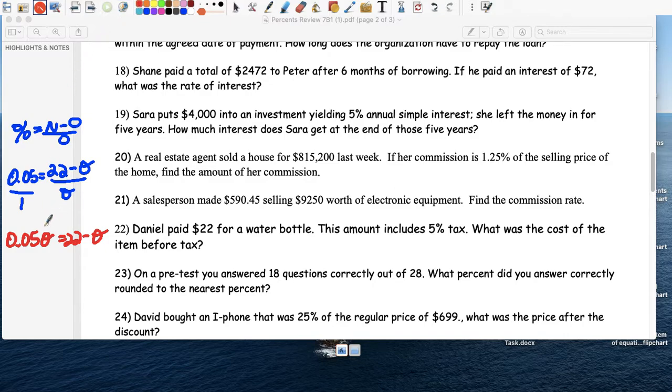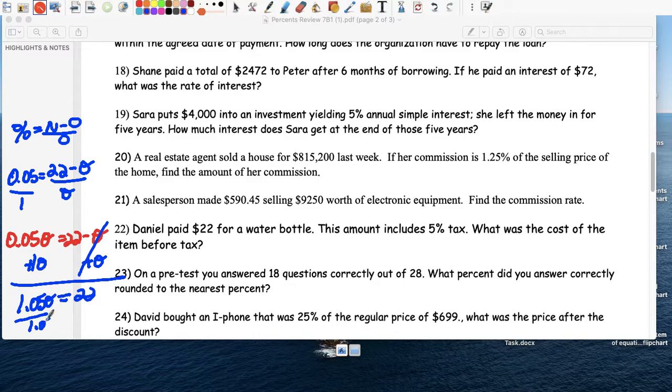Here's an equation with variables on both sides. Let's get rid of one of them. Let's get rid of the minus O here. I'm going to add O on this side too. Minus O and plus O goes away. I'm left with 22. Don't forget there's a coefficient of 1 here. So 0.05 plus 1 is 1.05 times the original.